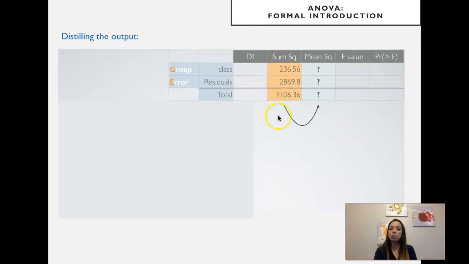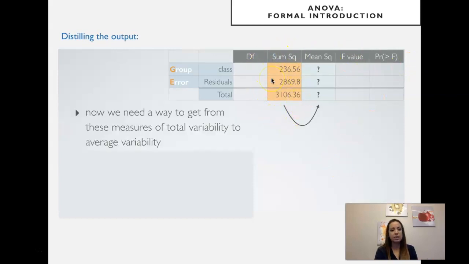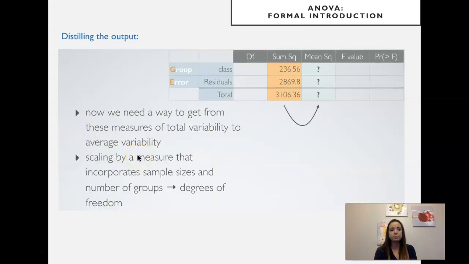But before, we need to find a way to go from, that's the challenge now, to get from these measures of total variability, total to be explained, total explained, and total not explained by the explanatory variable in the data set, to some average measures of variability.